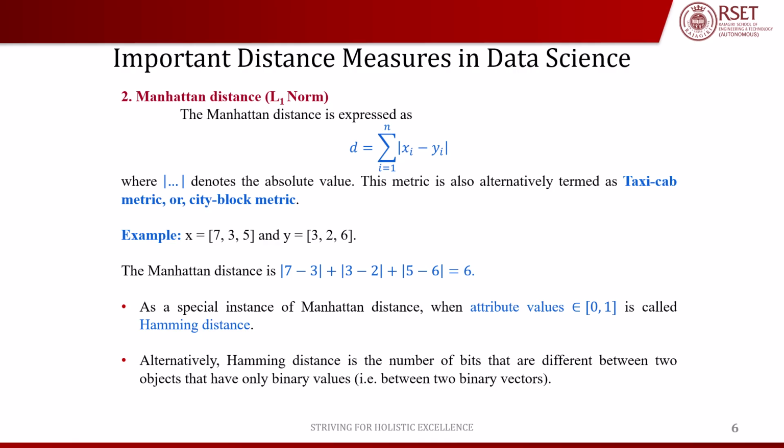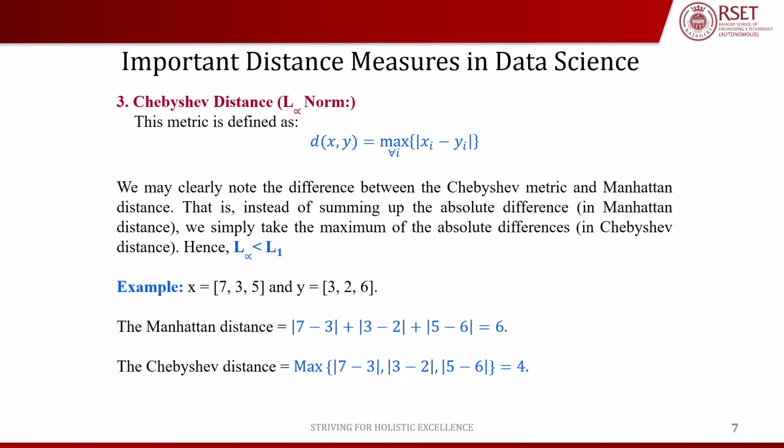Now let's go for the third distance measure in this session. The third distance measure is called Chebyshev distance, named after the famous Russian mathematician Chebyshev. The Chebyshev distance between 2 points x and y is equal to the maximum of the absolute value of xi minus yi.